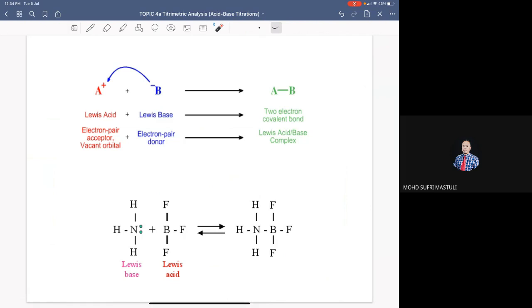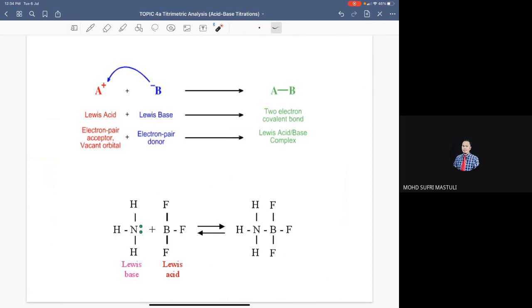This Lewis acid will accept the electron pair from the Lewis base. The Lewis base is the electron donor.